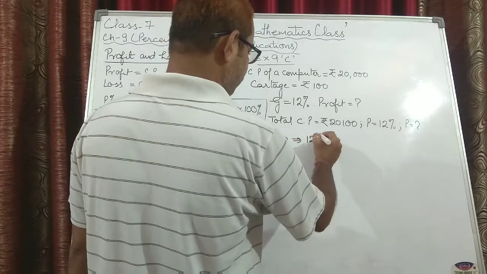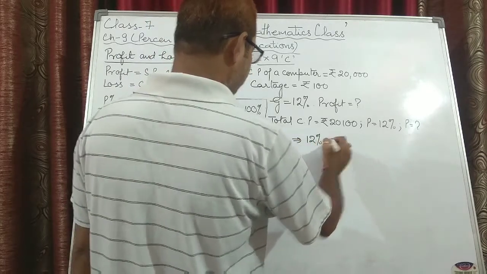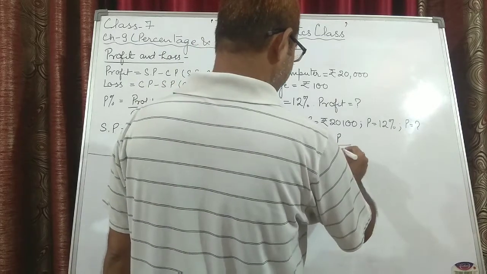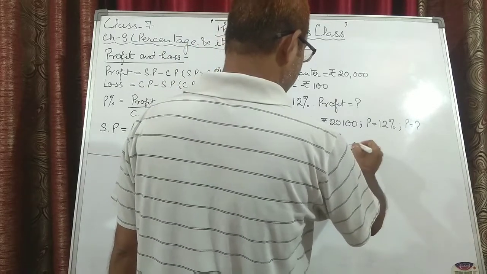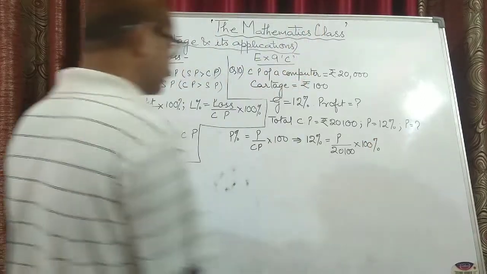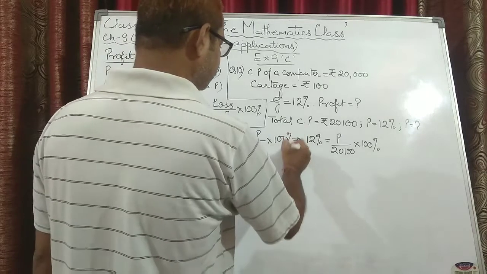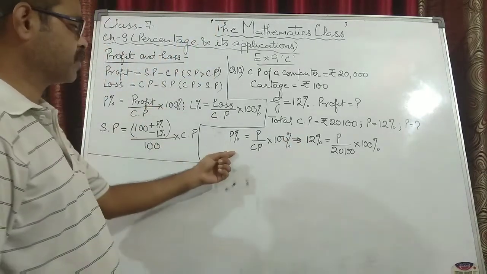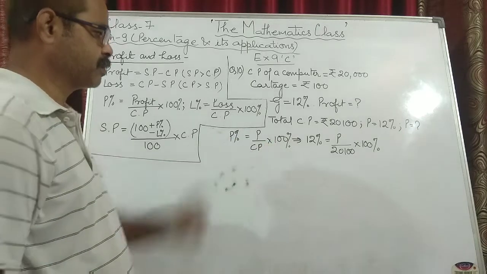So 12% is equal to profit, which we don't know, upon the cost price 20,100, into 100%. This is how we write the formula, profit upon CP into 100.